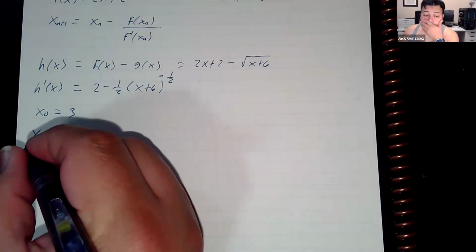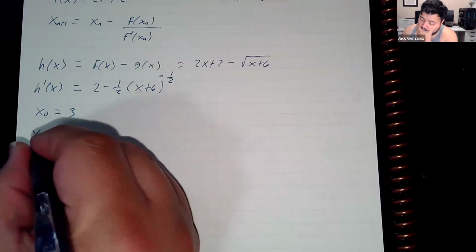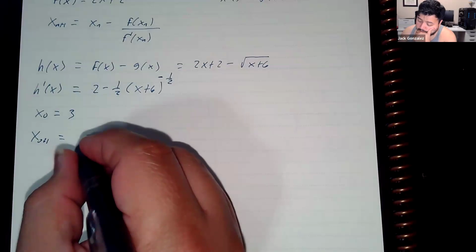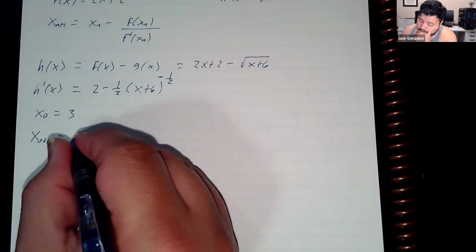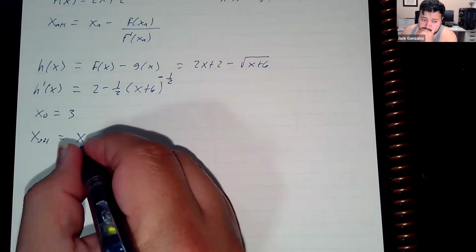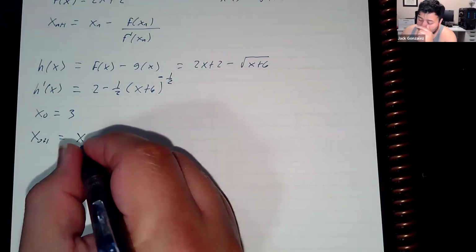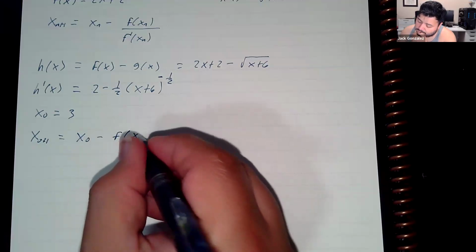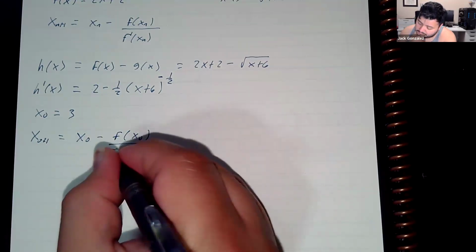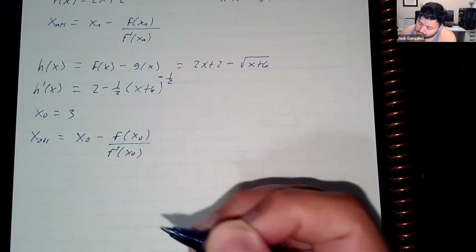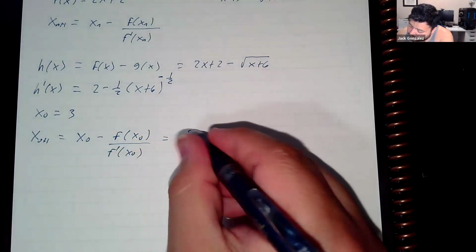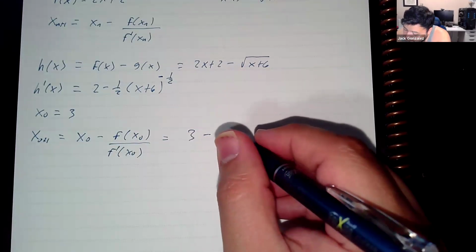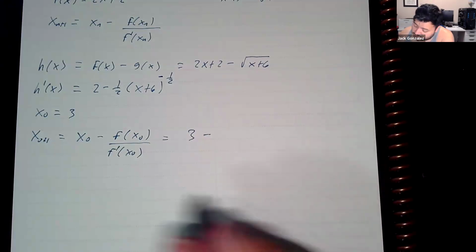So x0 plus 1, which is the next point, will be equal to x0 minus the function at x0 over the derivative at x0, which would be 3 minus, I should use h technically.